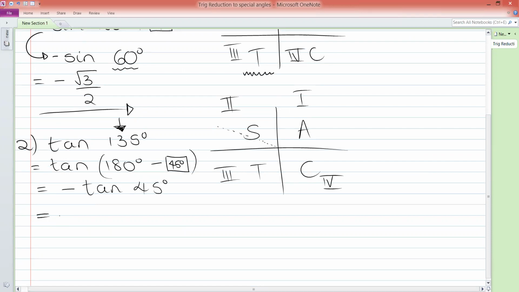So tan 45 is equal to 1, but since you have a negative sign there, this just becomes negative 1. Where do you get your marks for these types of questions? You get the first mark for saying minus tan 45 and then minus 1.